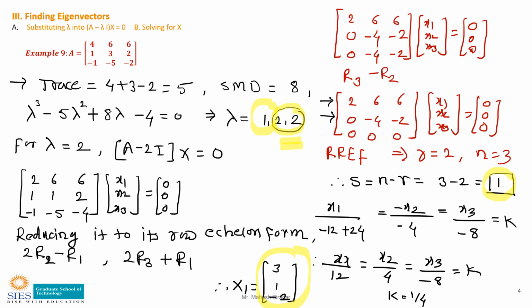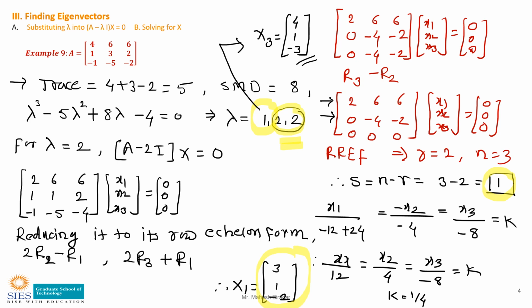You can use the same logic here, and by using Cramer's rule we can find the vector associated with lambda is equal to 1. There is no doubt about it. If you simplify, you will get a vector which is 4, 1 and minus 3. This is for lambda is equal to 1, which is non-repeated.